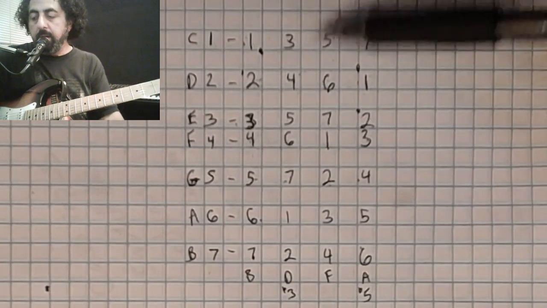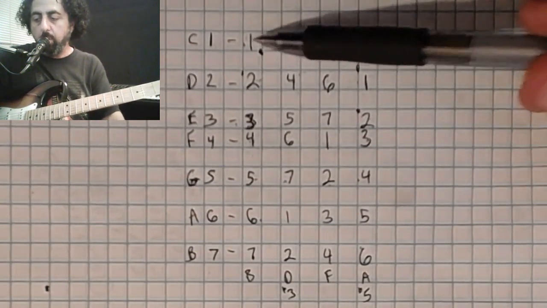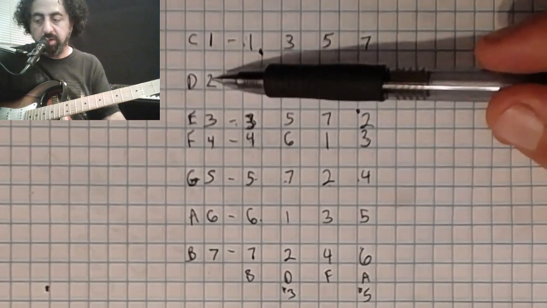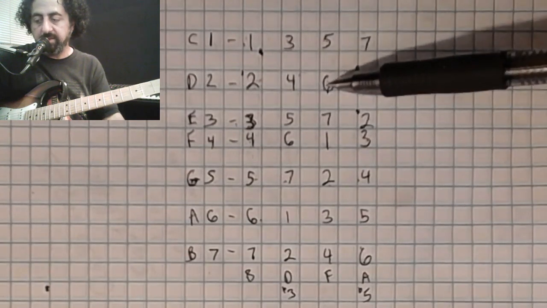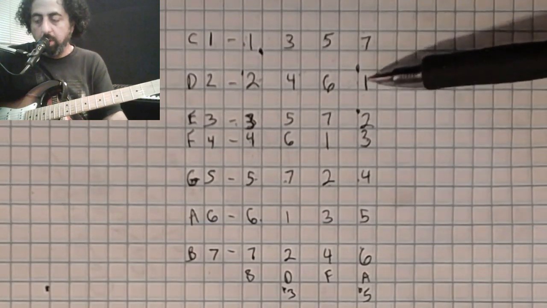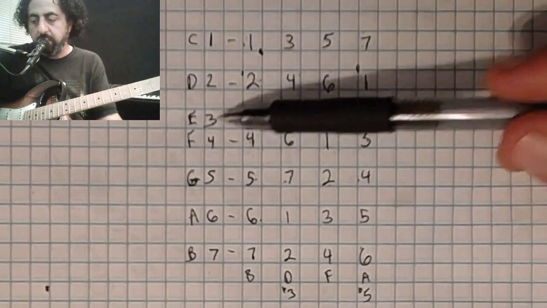The neat thing is how everything begins to repeat. We've got 1, 3, 5, 7, and then from the 2 note, the D, we've got 2, 4, 6. Then back to the 1. Theoretically, starting our next chord we should get 1, 3, 5, 7 if that holds true. And look at that, our next chord is built on the 3.